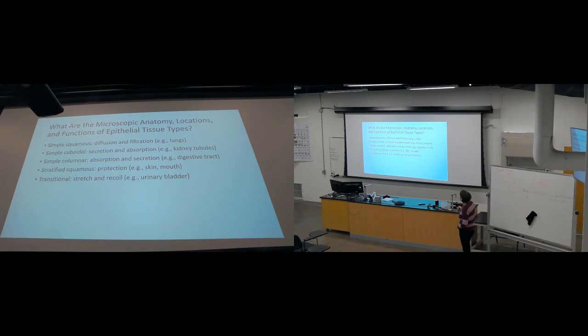So then, next epithelium, stratified squamous for protection. We have it in the skin and the mouth. So we have several layers of squamous cells on top of each other, forming our skin. And in this case, it makes sense because we manipulate the environment. We touch objects, wrap objects, and when we walk barefoot, of course, you need protection.